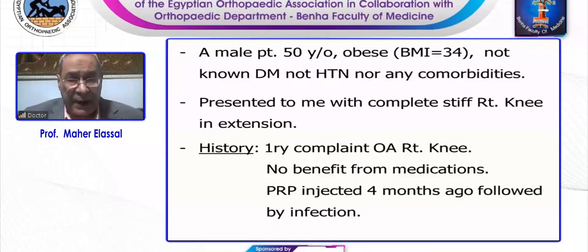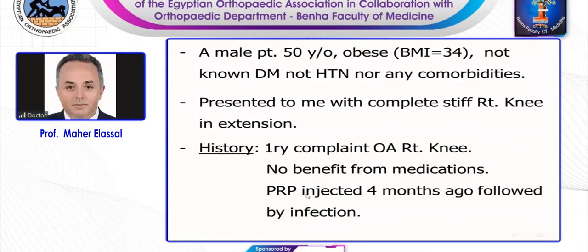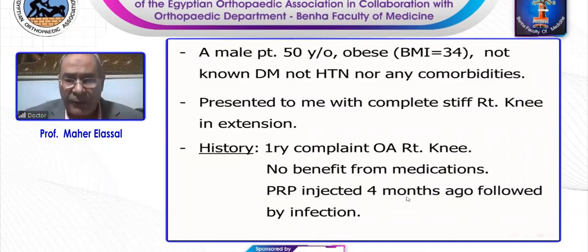The primary complaint was osteoarthritis of the right knee before any intervention. No benefit from medications. PRP was injected 4 months ago, followed by infection. This is the beginning of the problem.